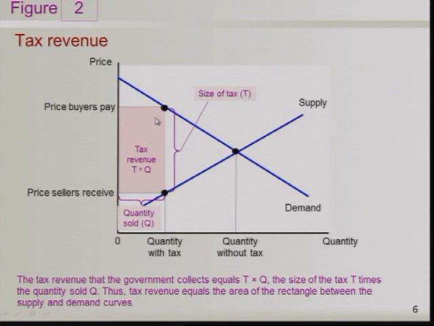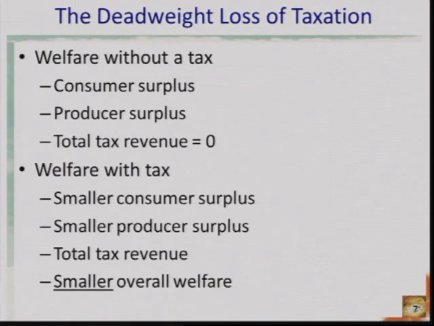So you can see, not only are we shrinking the market, so we were selling this quantity, now we're selling this quantity, but look how much of consumer and producer surplus is now going to the government in terms of tax revenue. So if we look at just comparing welfare without a tax, we didn't have to think about the government before.